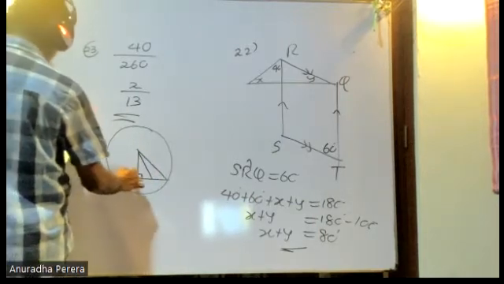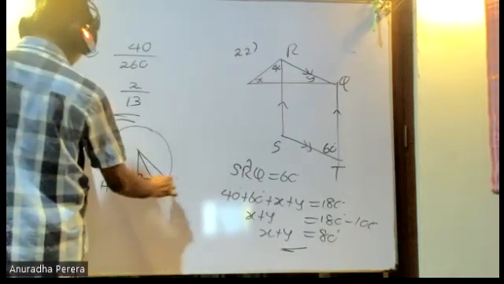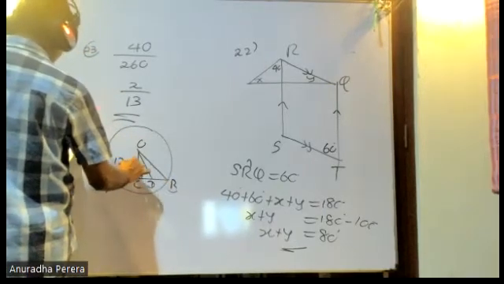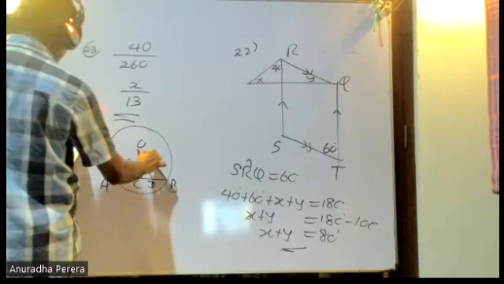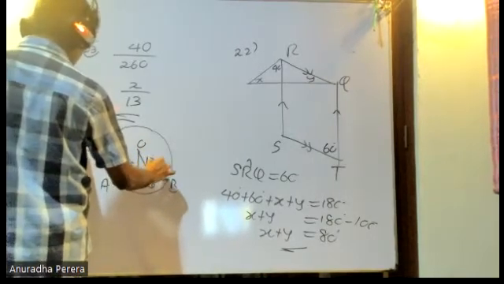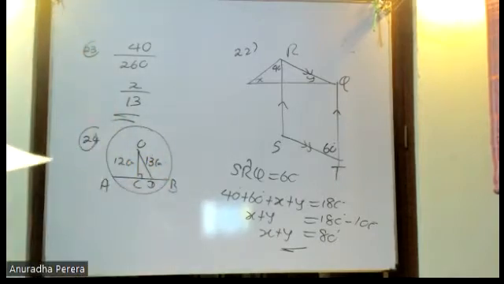A, C, D, B, O. 12 cm. Sum is 13. Right. First, you can determine CD.